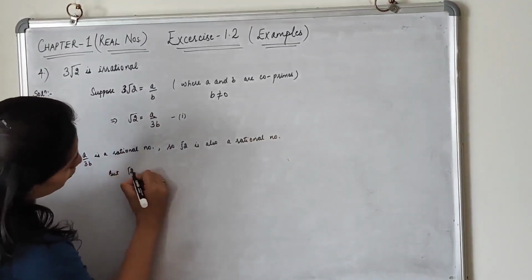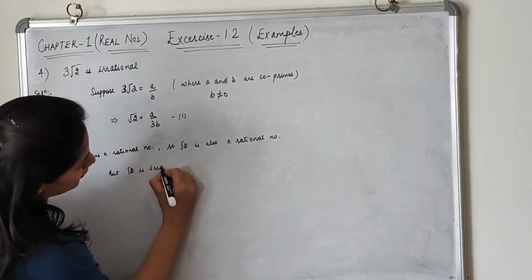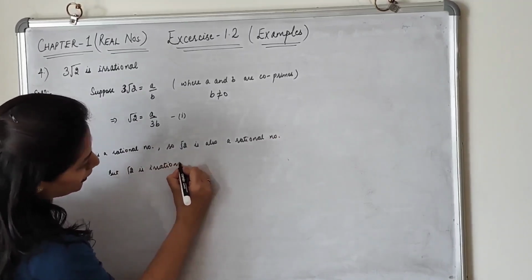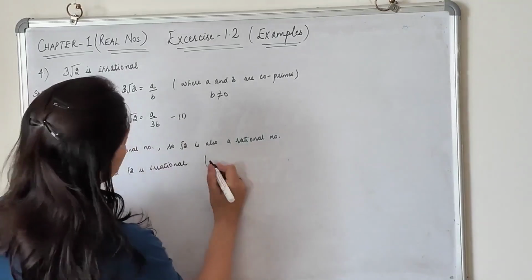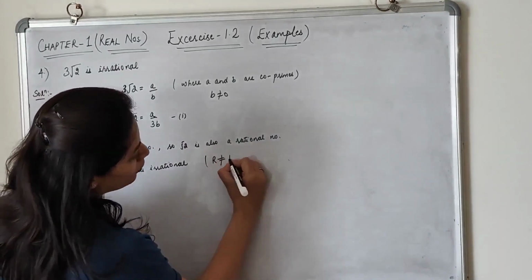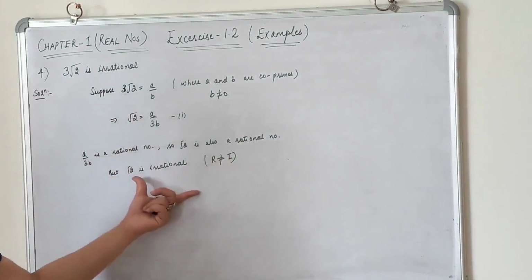But root 2 is irrational. Also, a rational number cannot be equal to an irrational number.